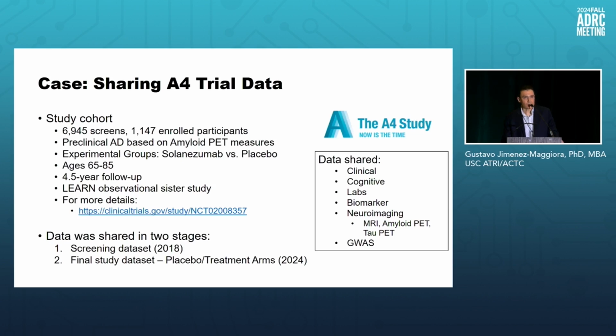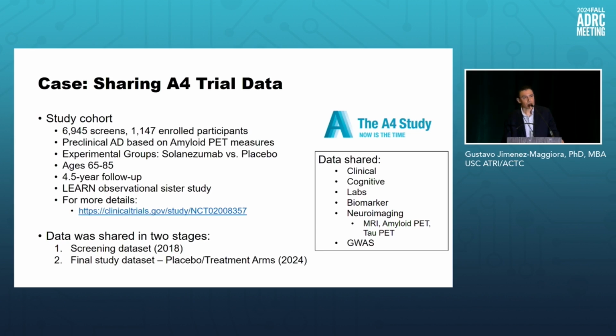These participants were followed longitudinally for 4.5 years, and interestingly, about 500 participants that failed to enroll into the main trial due to non-elevated amyloid were enrolled into the LEARN observational sister study. If you'd like more details on either of these studies, I invite you to access clinicaltrials.gov.